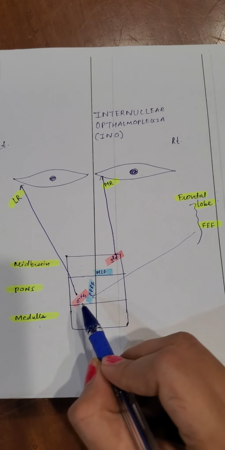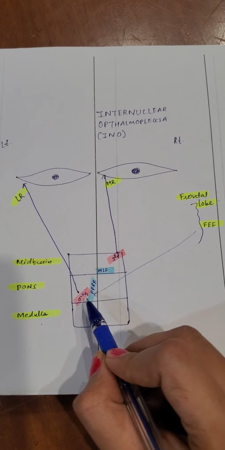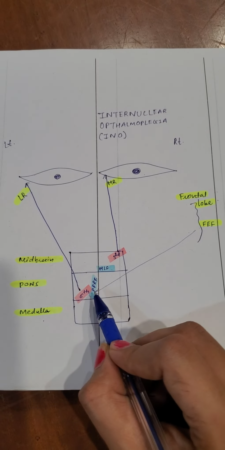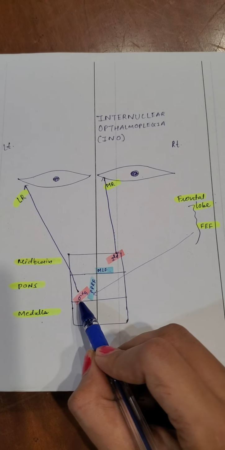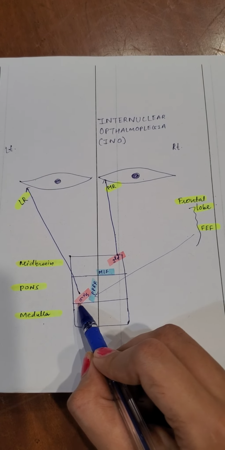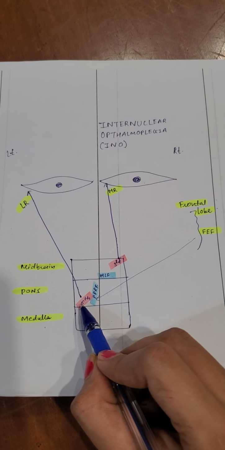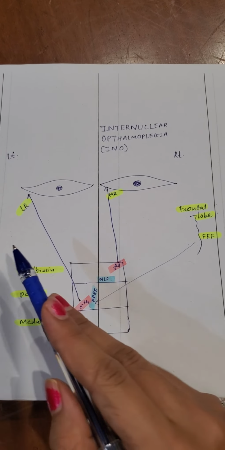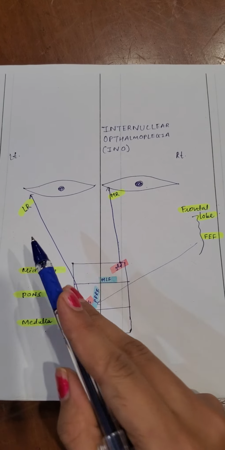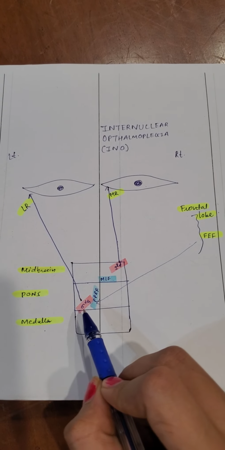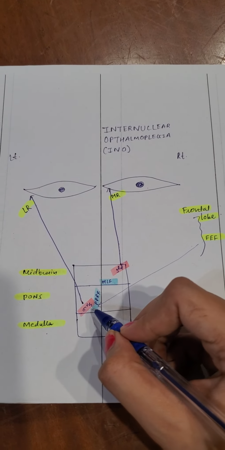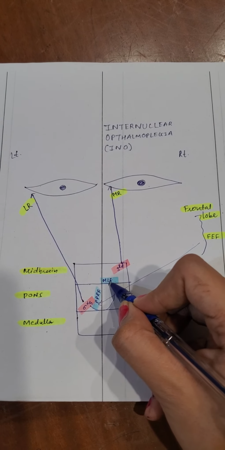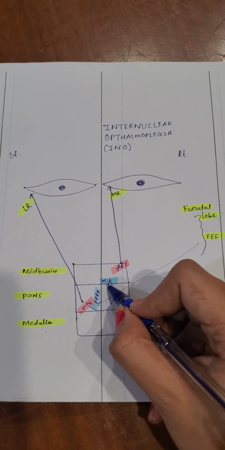So, this PPRF gives signals to the same side of the sixth nerve. From the sixth nerve, there will be two pathways. One will go to the same side of the lateral rectus and another will go to the opposite side of the MLF.